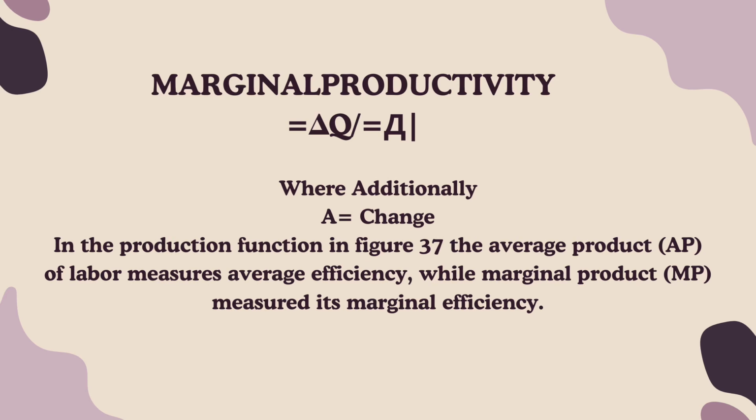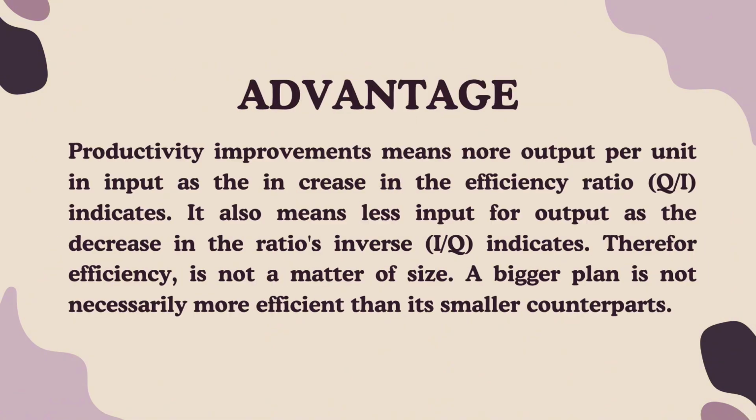Marginal productivity is the change in Q over the change in I, as shown in the production function in Figure 37. The average product (AP) of labor measures average efficiency, while marginal productivity (MP) measures its marginal efficiency.